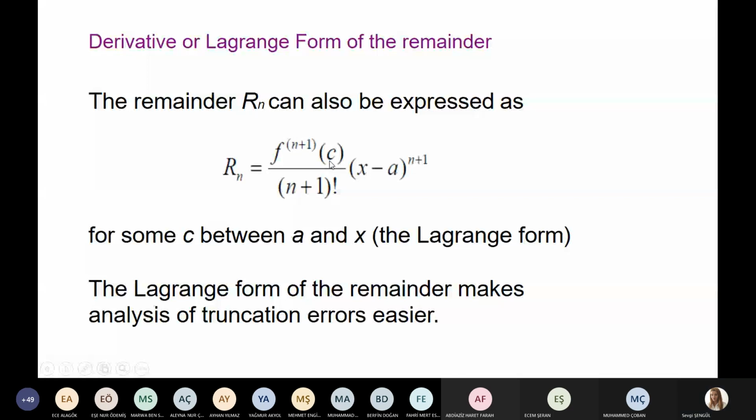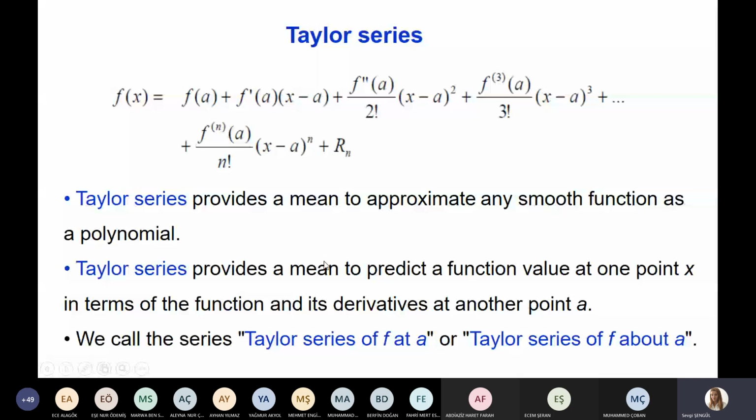Okay. If I sum up the Taylor series, it provides a means to approximate any smooth function as a polynomial, and also it allows us to predict a function value at one point x in terms of the function and its derivatives at another point a. And we call this the Taylor series of f at a, or Taylor series of f about a.